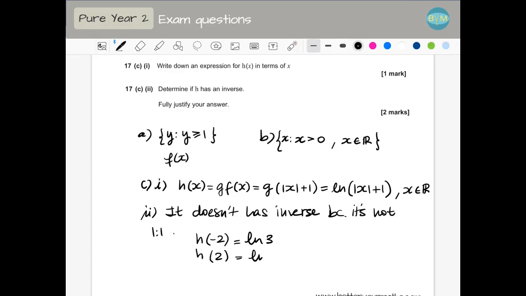So it is many to one, so it has no inverse. That's the only justification. If it's not one to one, it won't have an inverse. Every time it's not one to one, it won't have an inverse. And that's all.